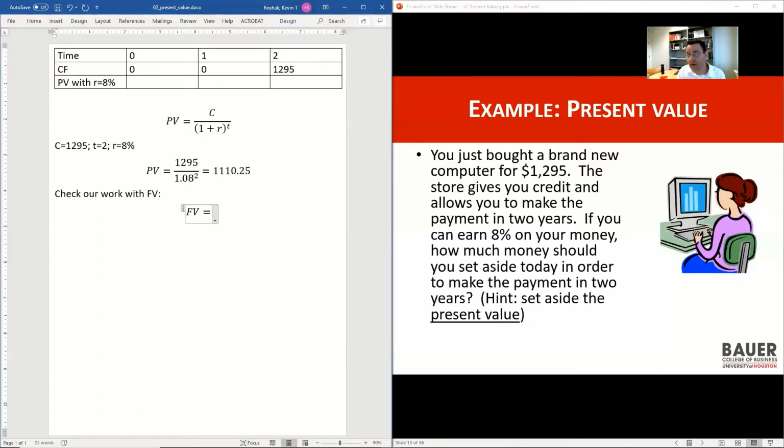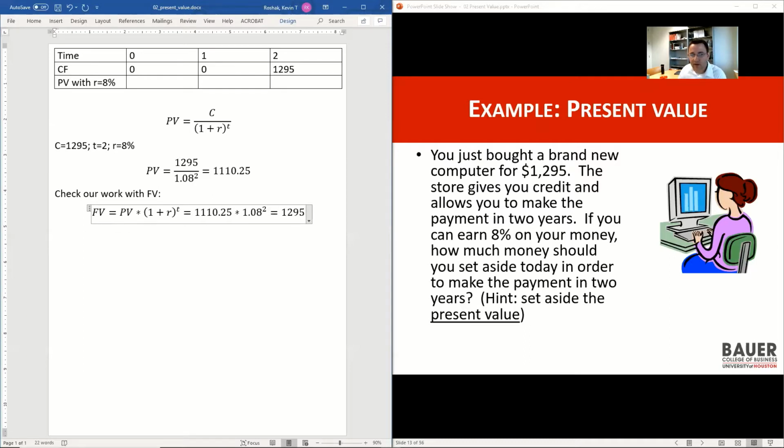We know that the future value of a cash flow is equal to the present value times 1 plus r raised to the t. In this case, we calculated the present value to be $1,110. We have the discount rate of 8%, and that's 2 years out. So if you put this into your calculator, you should get exactly $12.95.